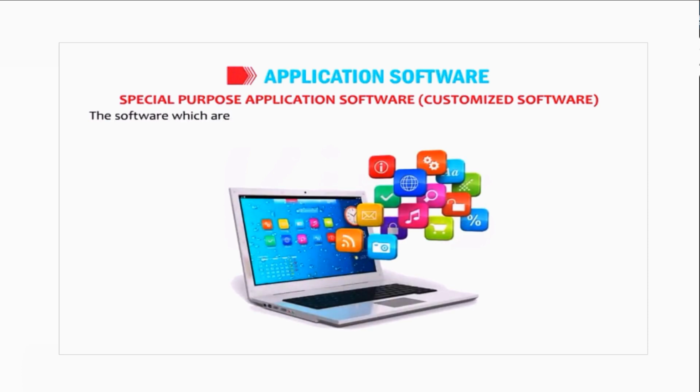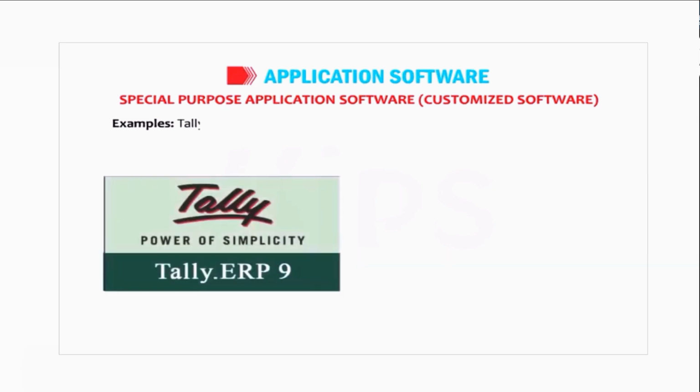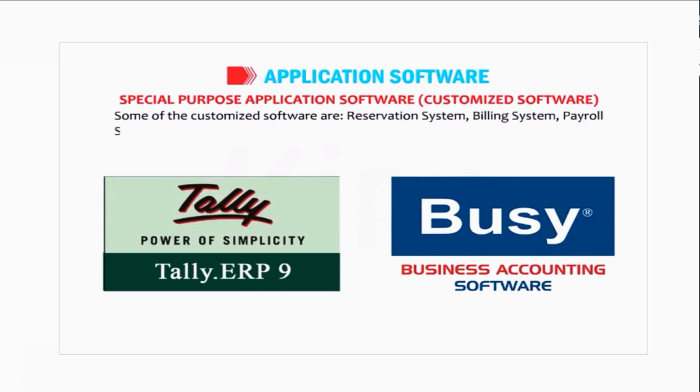The software which are designed to meet the specific needs of any user are called special purpose application software. Examples: Tally, Busy, etc. Such software are also known as customized software. Some of the customized software are reservation system, billing system, payroll system, etc.